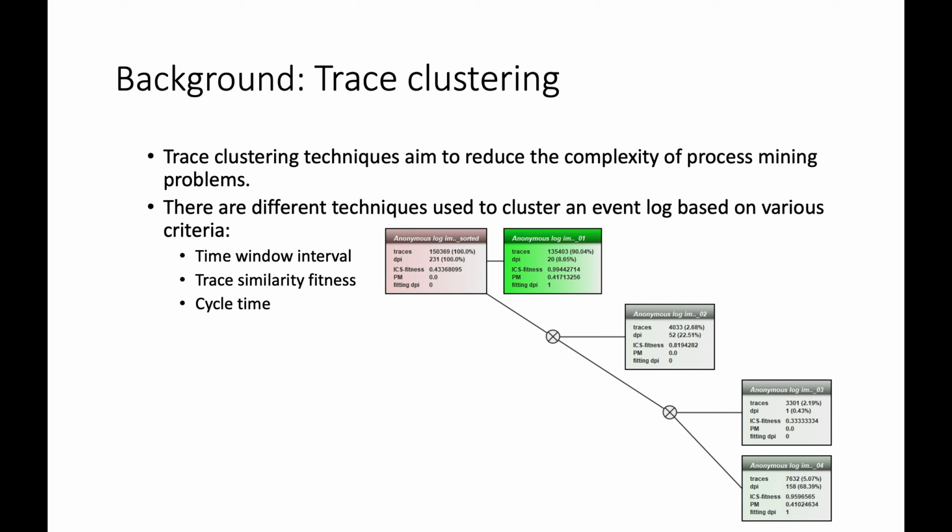That characteristic can be a time window interval, that is, when exactly it happens. Maybe 2020 will be one group, 2019 a second group, and 2018 a third group. Or trace similarity fitness.